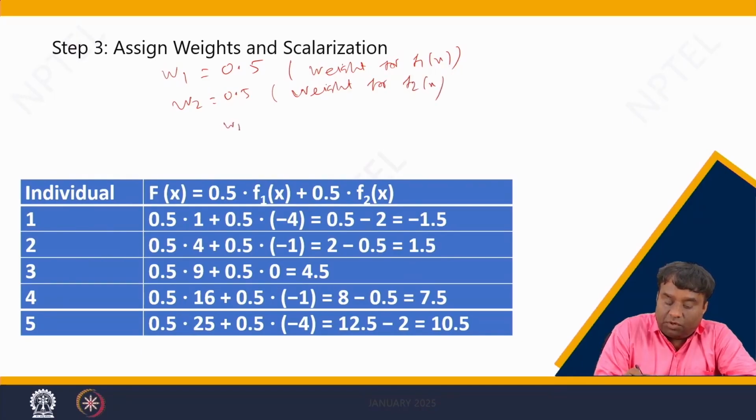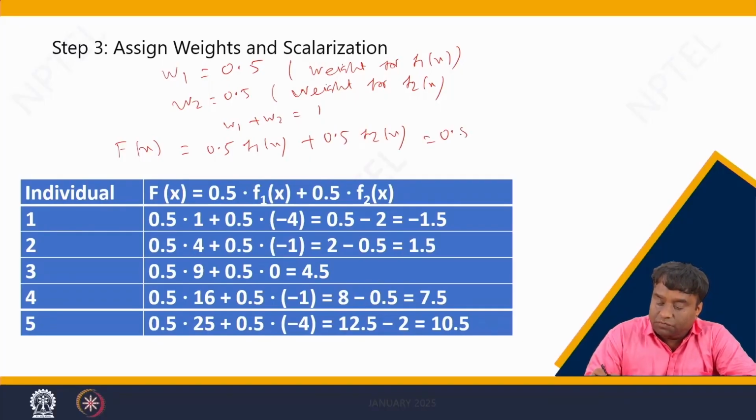So here you can see that w1 plus w2 equals 1. The scalarized value F(x) is equal to 0.5 times f1(x) plus 0.5 times f2(x), which is 0.5 times x squared plus 0.5 times minus (x minus 3) whole squared. So at x equal to 1, that is 0.5 times 1 plus 0.5 times minus 4, so that is 0.5 minus 2, that is minus 1.5.